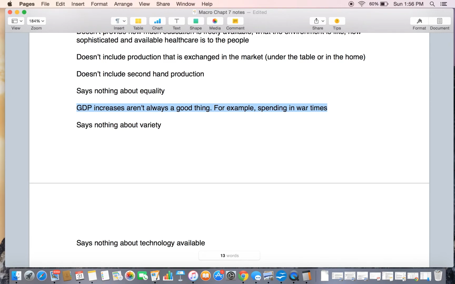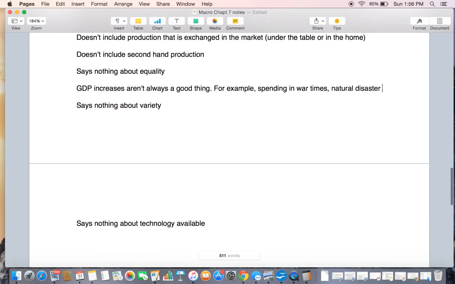We don't want to get into too much of a philosophical discussion about war not benefiting in the long run, but just the general idea that spending tends to increase in war times. It might tend to increase when there's a natural disaster. And these types of increases in GDP are not necessarily a good thing.